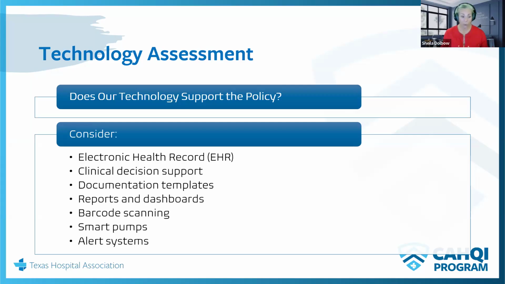You might have to have multiple things to do that. And our alert systems, we have to make sure that we're assessing our alert systems to make sure that anything we're doing does not end up creating a barrier to our staff being able to hear or respond to any alert that's provided.